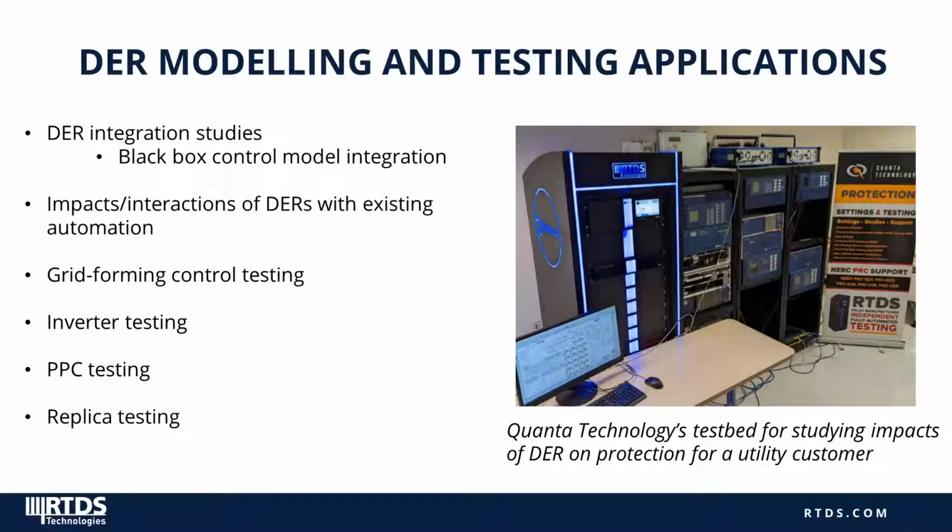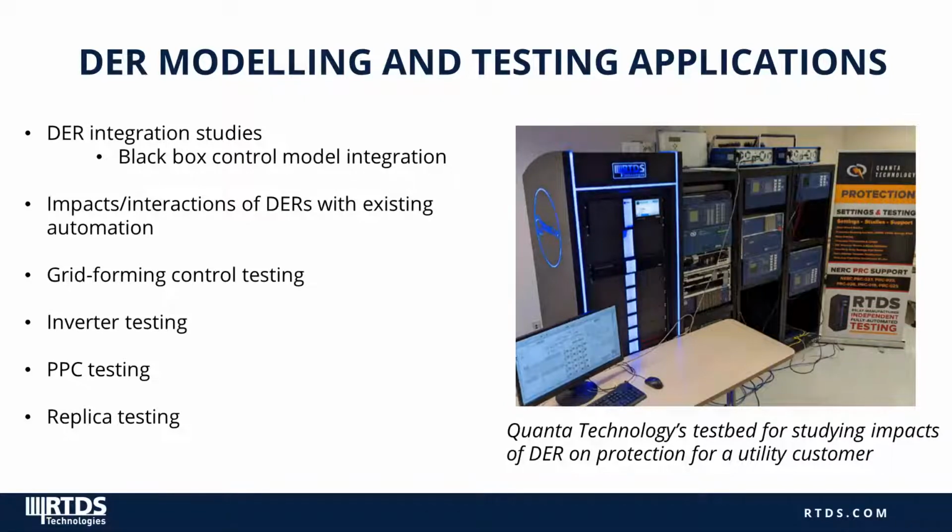An important aspect here is the ability for those vendors to provide the EMT models in a way that protects their intellectual property. So offline tools like PSCAD have established methods for doing this, but it's a little more difficult when that protected black box control model needs to run deterministically in real time alongside the simulation. We have a new solution for this, and I'll show you that in a moment.